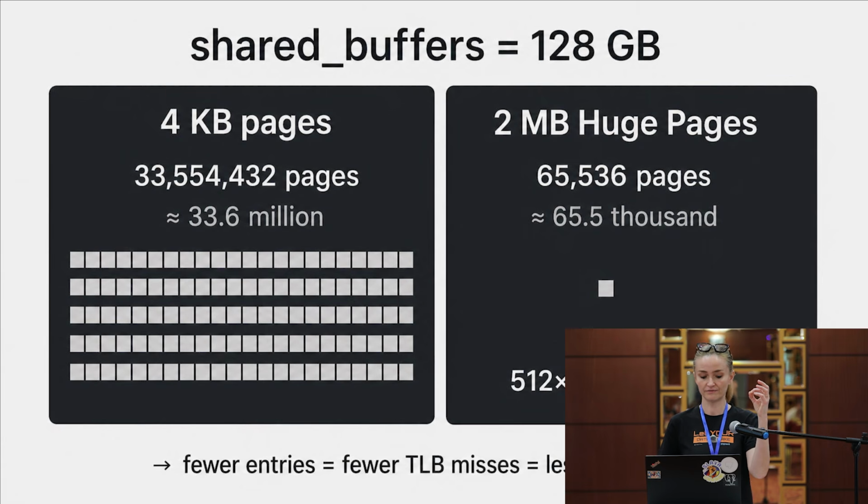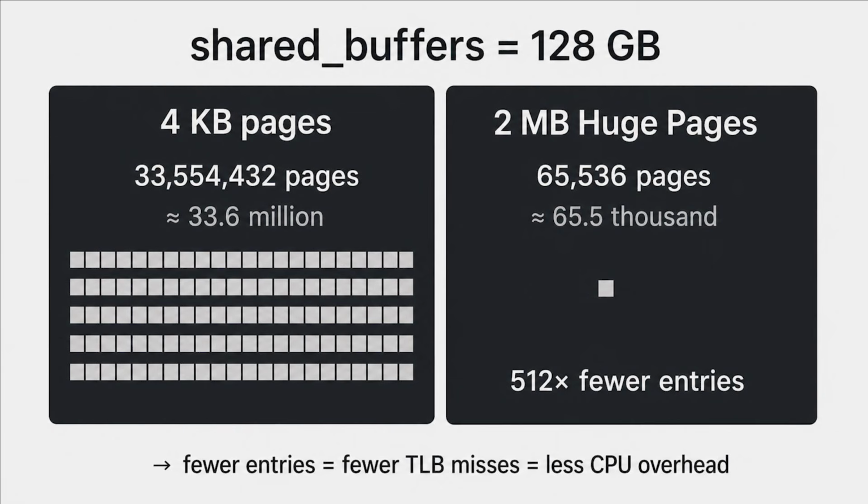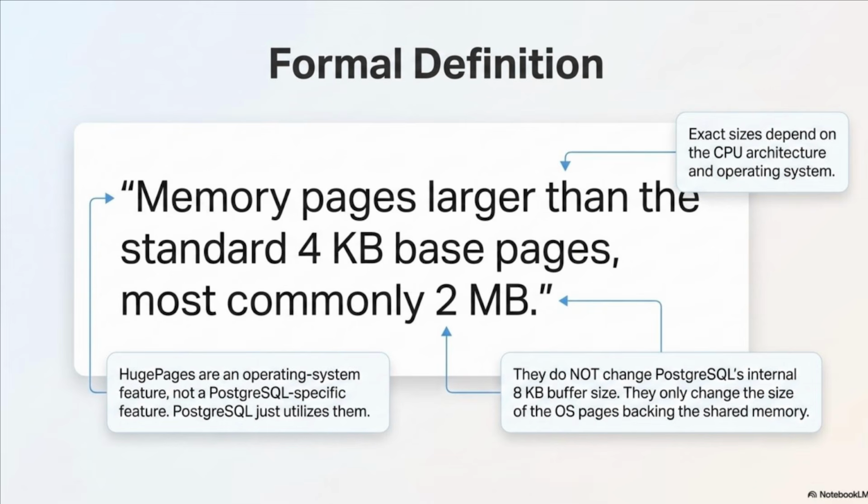So it's 512 times fewer entries, right? So fewer entries means fewer TLB misses and less CPU overhead. Okay, so once again, HugePages are memory pages larger than the standard 4K base pages, most commonly 2 megabytes. And this 2 megabytes is because of the CPU architecture you're using.